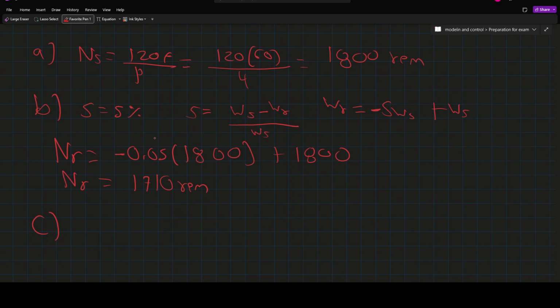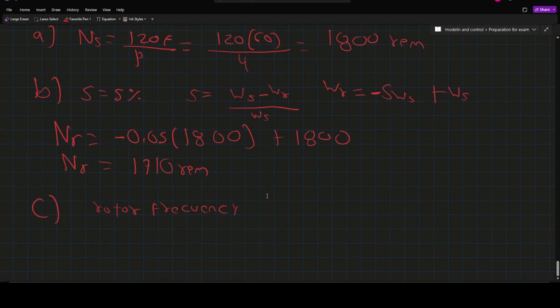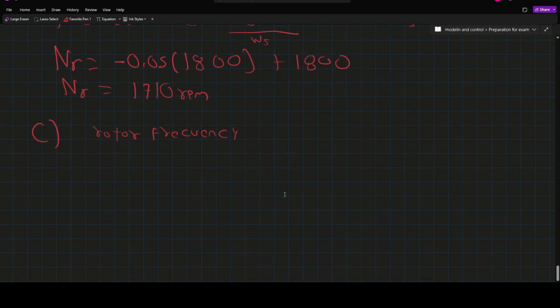So the rotor frequency is gonna be the frequency times the slip. So the rotor frequency is gonna be equal to 60 times the slip, that is 5%. 60 times 0.05.